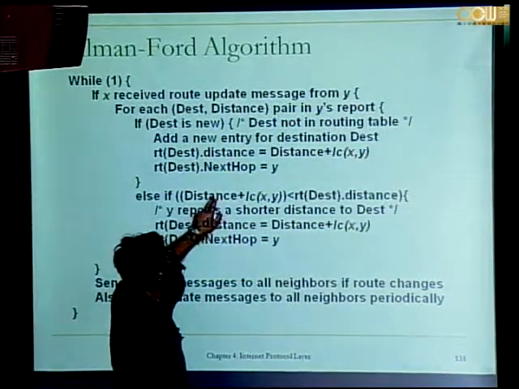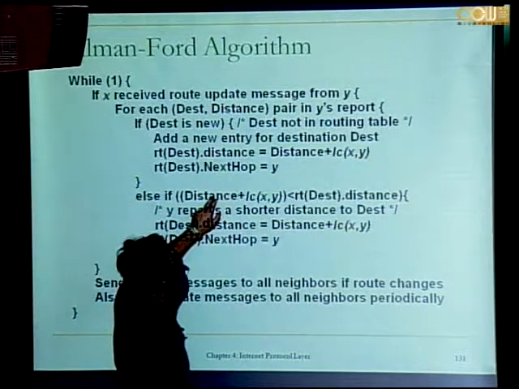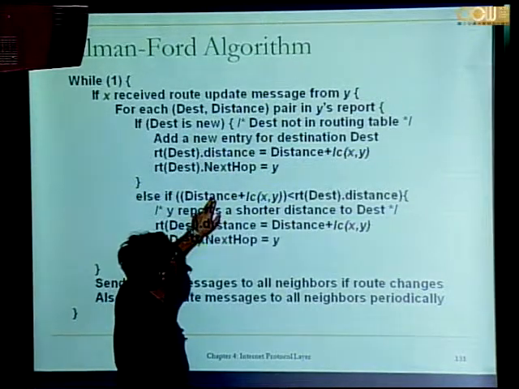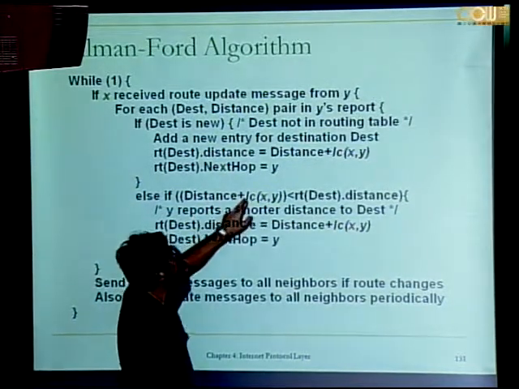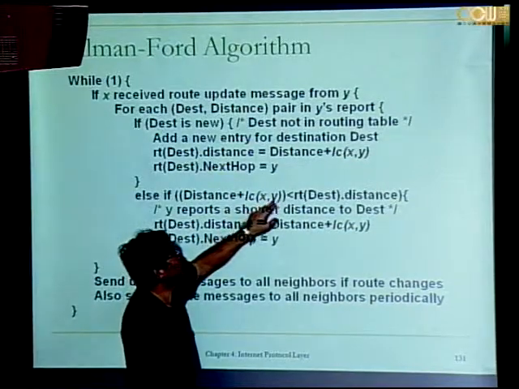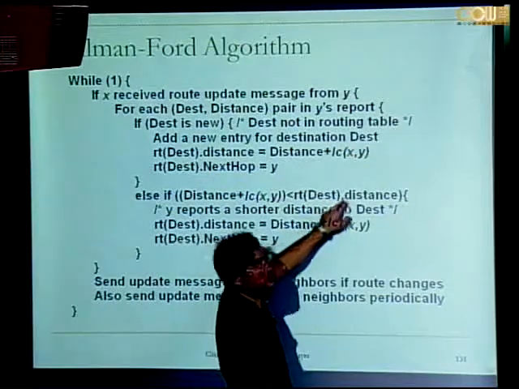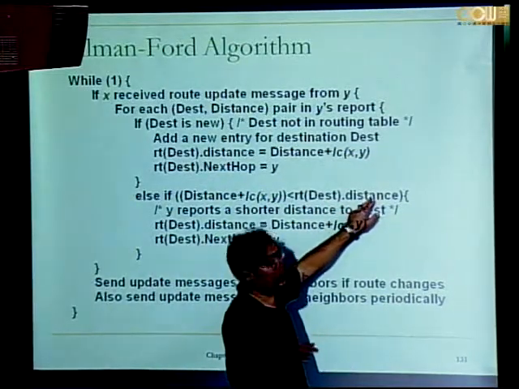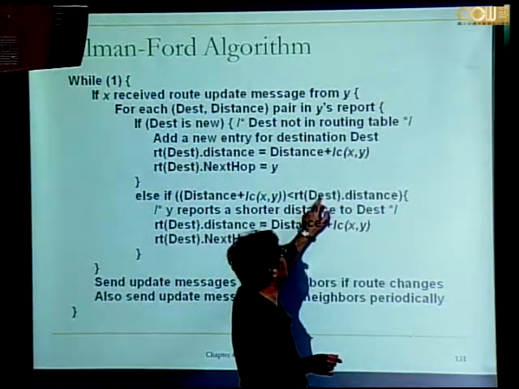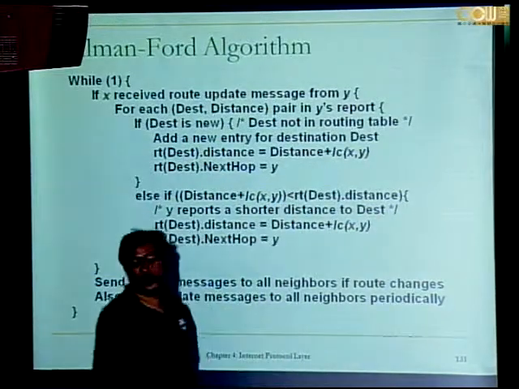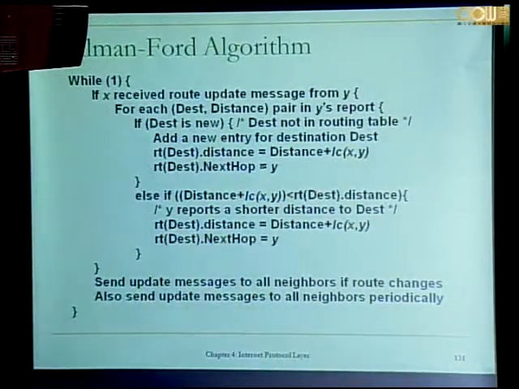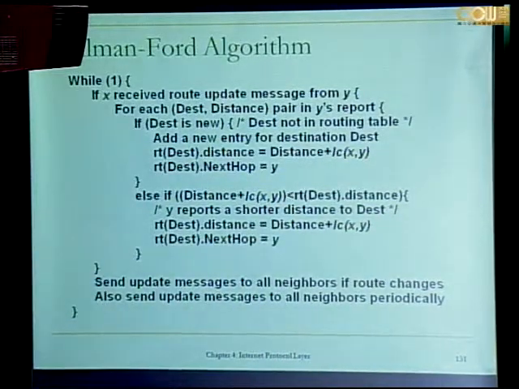If the distance provided by my neighbor to that destination, plus my distance to my neighbor, is smaller than the distance in my routing table for this destination, that means my neighbor is providing me a better path or a worse path?